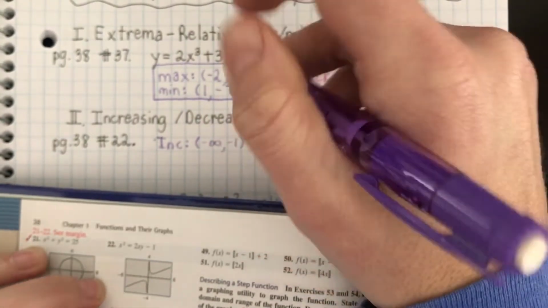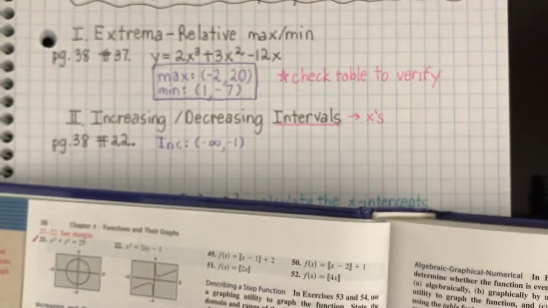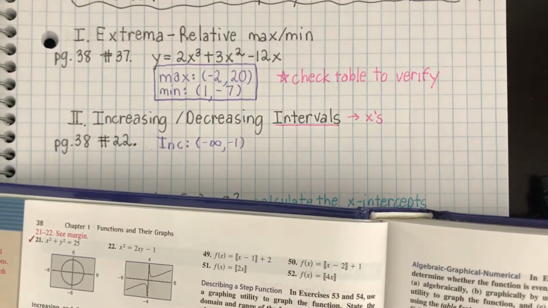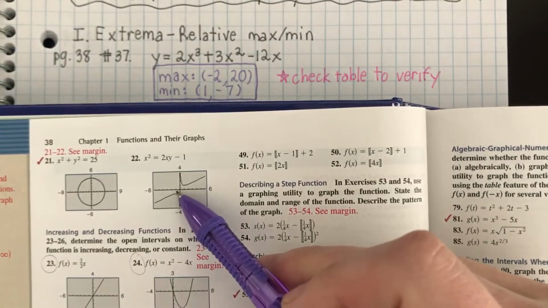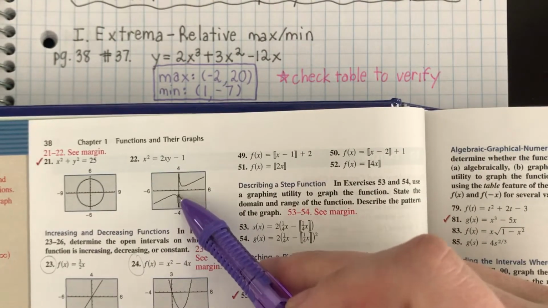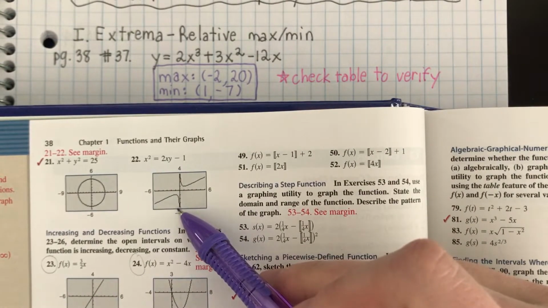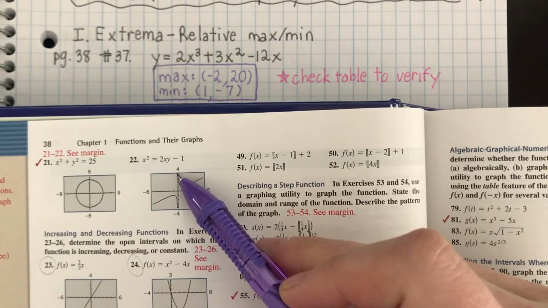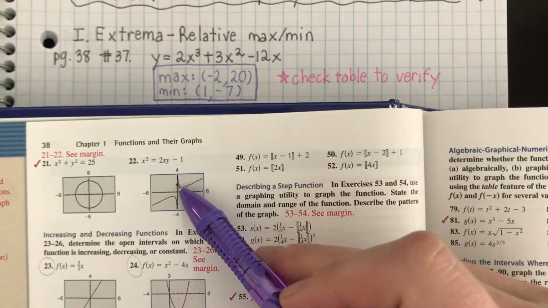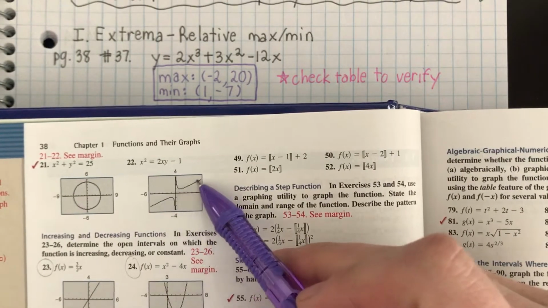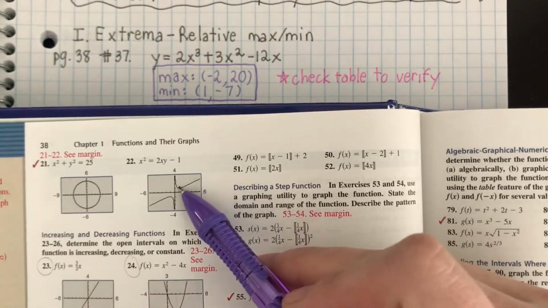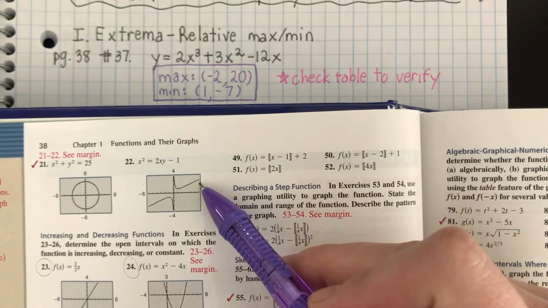Remember, we use parentheses for this. Okay, we're looking at the open interval, so from negative infinity to negative 1. And then I start decreasing from negative 1 to 0. Okay, and then from 0 to 1, I'm still decreasing, but then from 1 to infinity, I start increasing again.